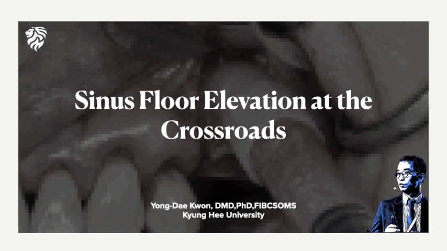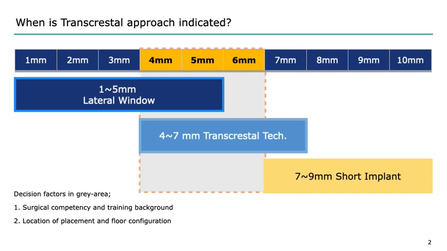Today, I'm going to talk about sinus floor elevation and the choice of approach. It's really clear to do lateral window in a case with 2 mm of residual bony height, but we have some gray area where the residual bony height ranges from 4 to 6 mm.